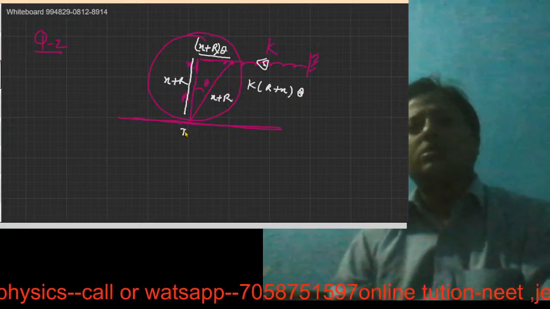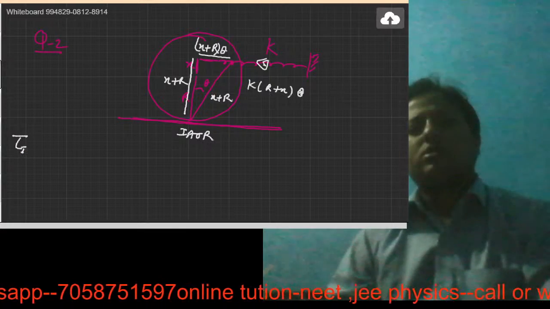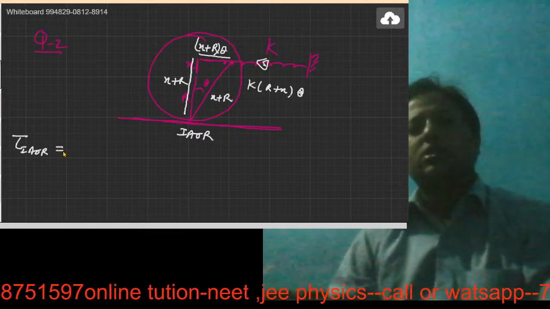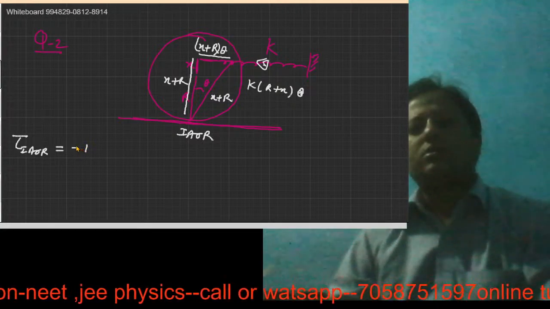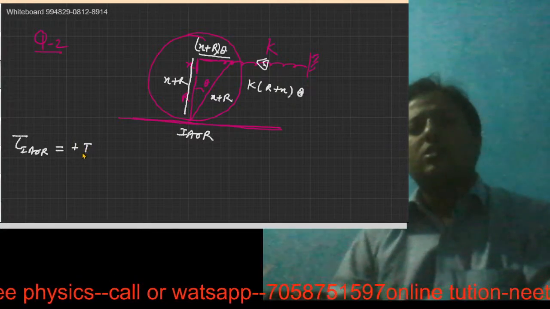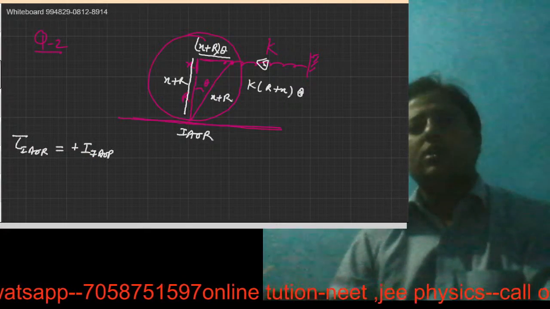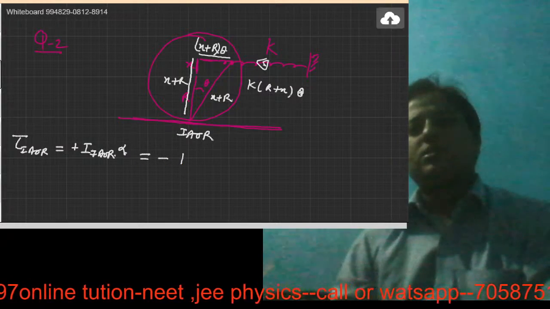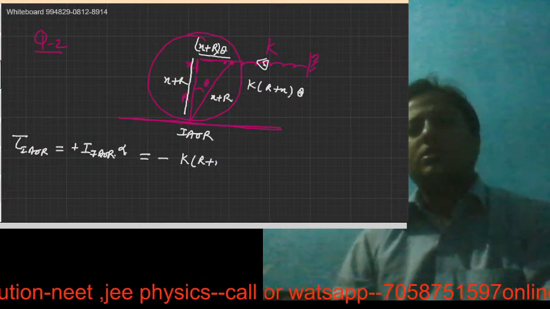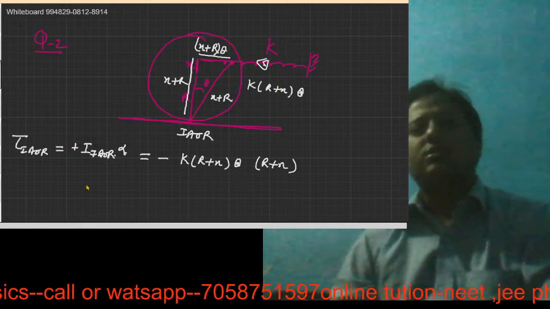So the torque about the instantaneous axis of rotation is IAOR into alpha, and that is minus k into r plus x into theta into r plus x.